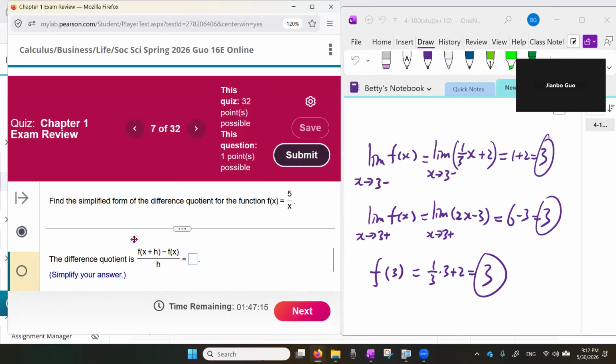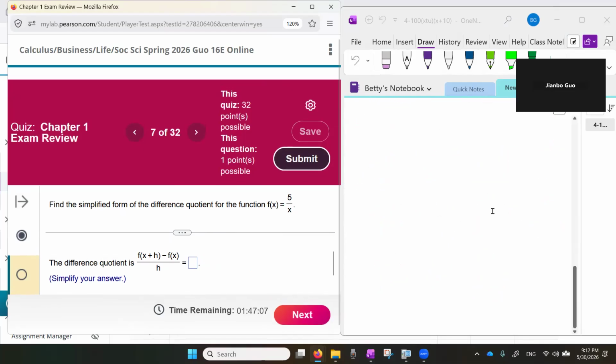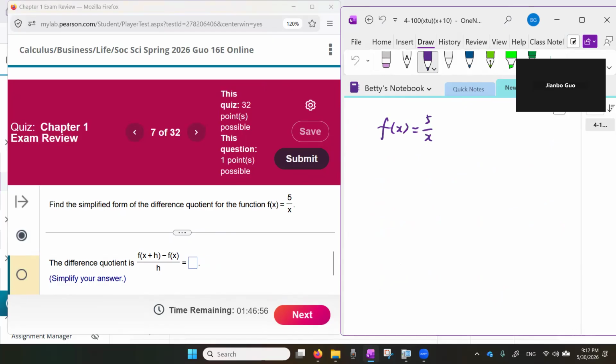Question number 7. Find the simplified form of the difference quotient for the function 5 over x. Okay, this is to prepare for the definition of derivative. The function is 5 over x. And we're going to find the difference quotient, which is f of x plus h minus f of x all over h. Now we need to find what f of x plus h is.